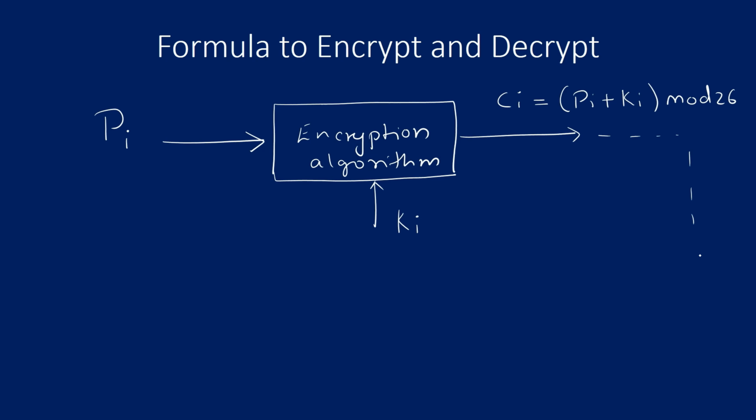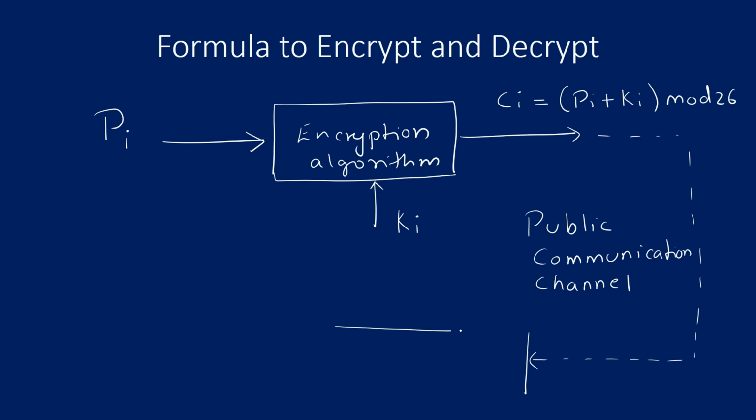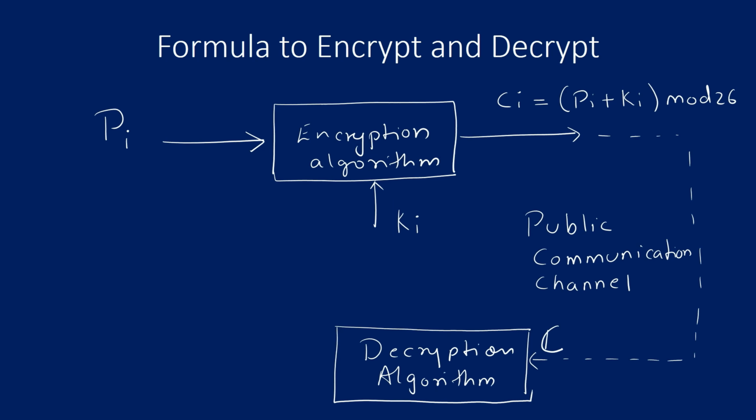Now this ciphertext which is generated by the encryption algorithm is then transmitted on a public communication channel, for example the internet, and at the receiver end a decryption algorithm is applied on the received ciphertext using the key that is shared by the sender.